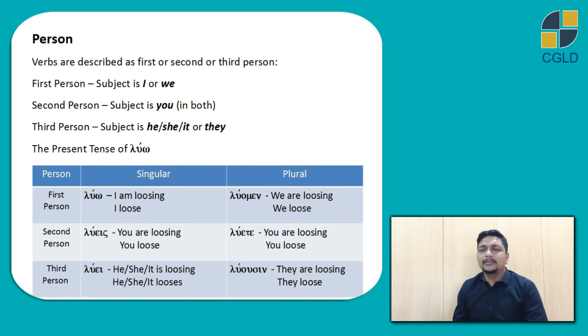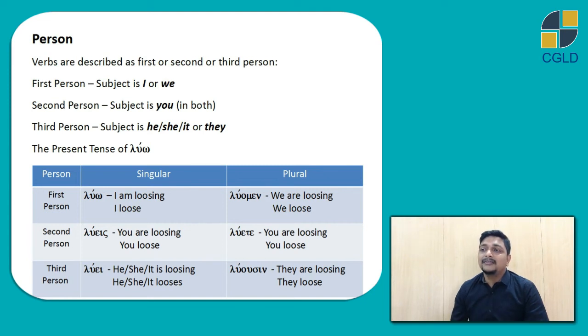Now, look with me at the luo present tense table. We have the person, the singular form, and the plural form. Let's look at the first person, singular and plural form of the verb luo. In first person singular it will appear as luo, which means I am losing or I lose.